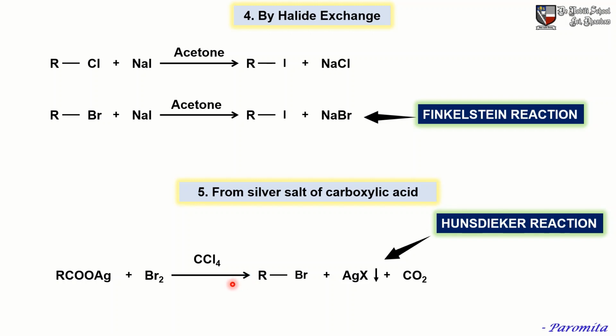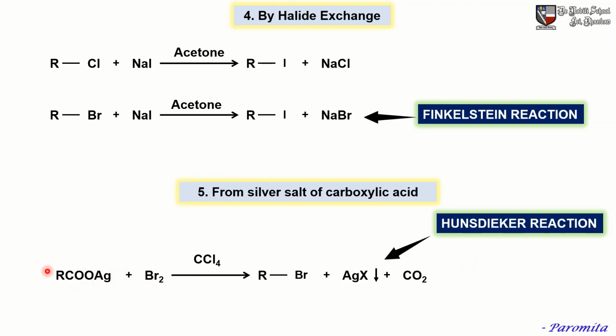This method of preparation of RBr from RCOOAg plus bromine in the presence of carbon tetrachloride is named the Hunsdiecker reaction, and this reaction is said to proceed with the help of a free radical mechanism.